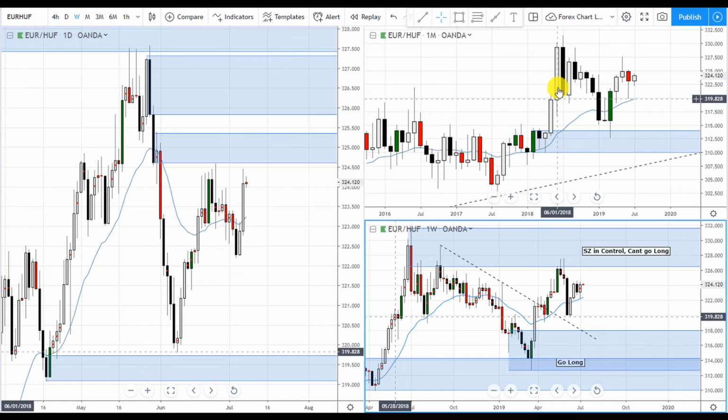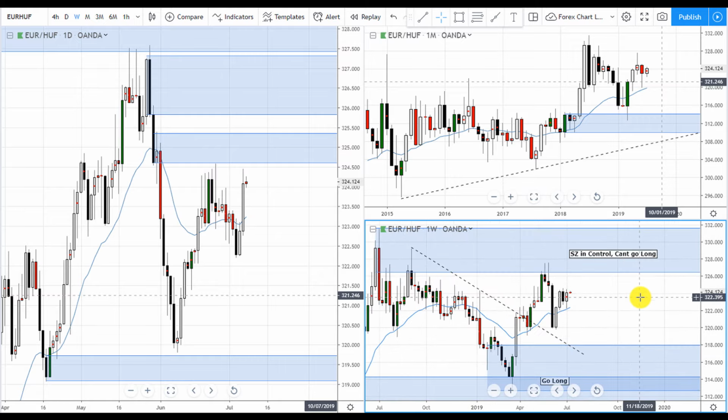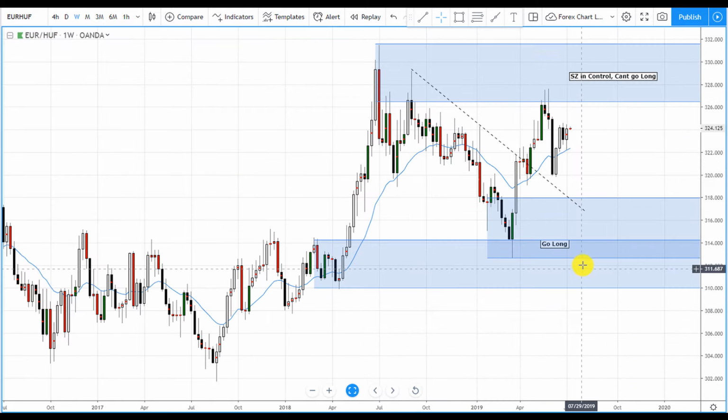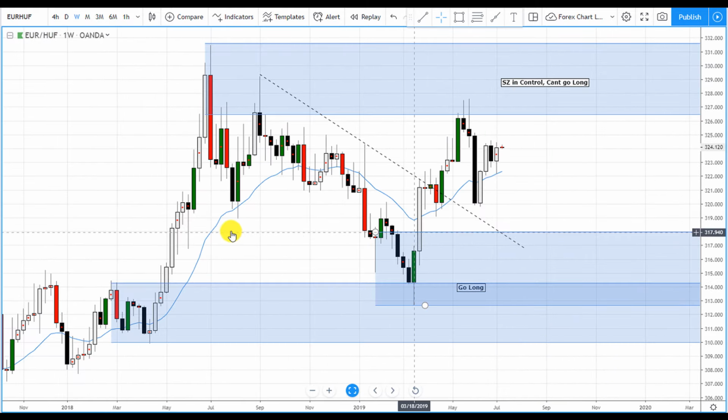On the weekly, we have a little bit messier price action, but it's not too bad. We see that there's a supply zone up here that has kept price low 1, 2, 3 times. Every time a supply zone is tested like this, it's going to be penetrated deeper and deeper, and it's eventually going to break.